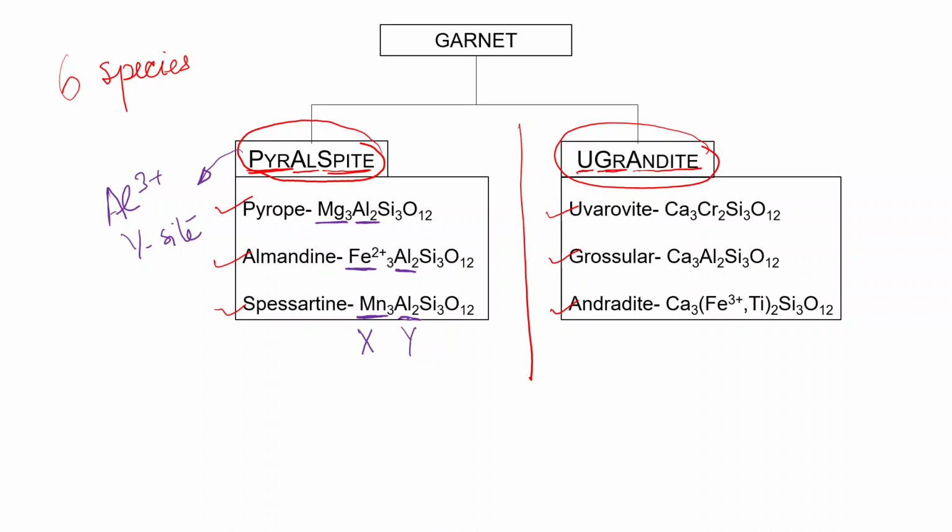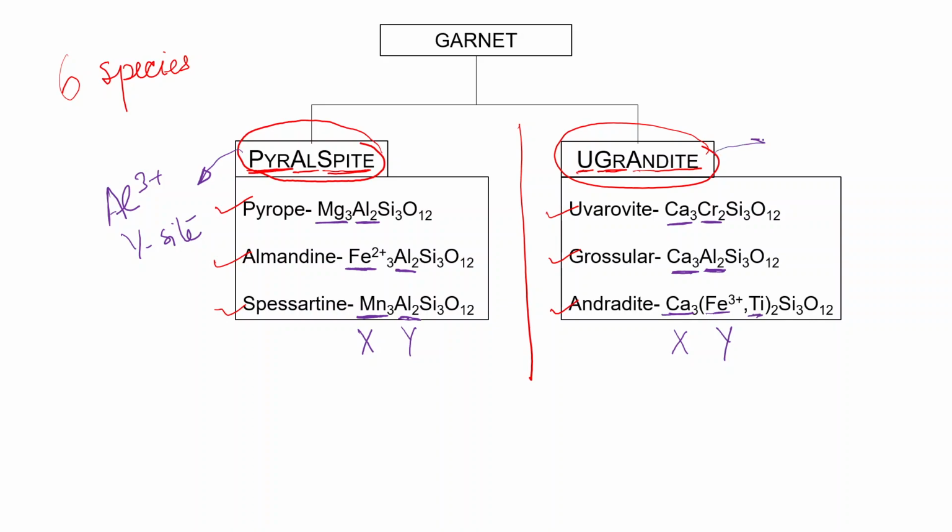But once we come to eugrandite, here the X site is fixed. It has the divalent ion as calcium. While in the Y site, uvarovite consists of chromium Cr3 plus, grossular consists of aluminum, and andradite consists of ferric and titanium.